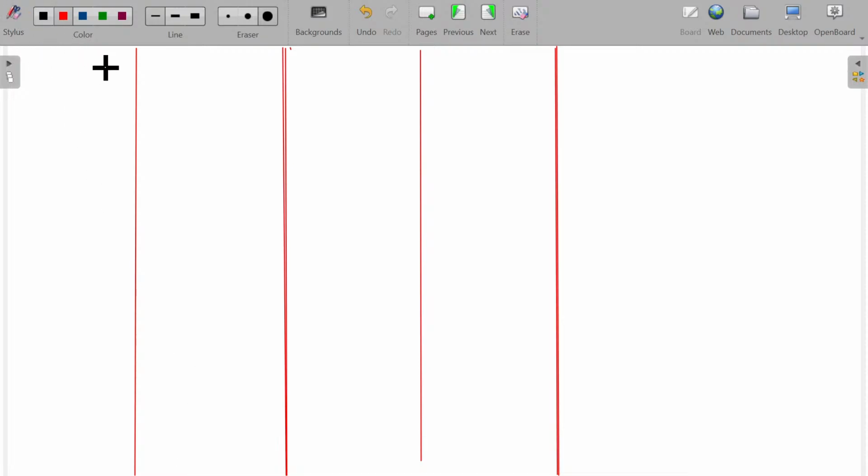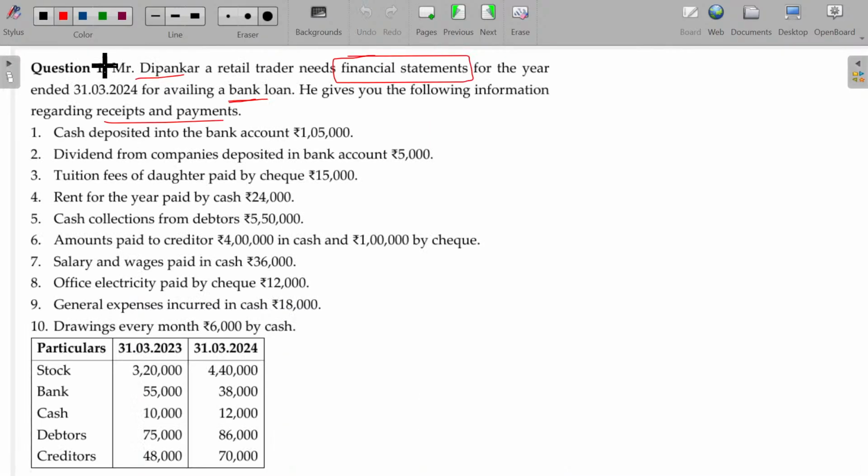Open all the ledgers and statements. Opening statement of affairs.